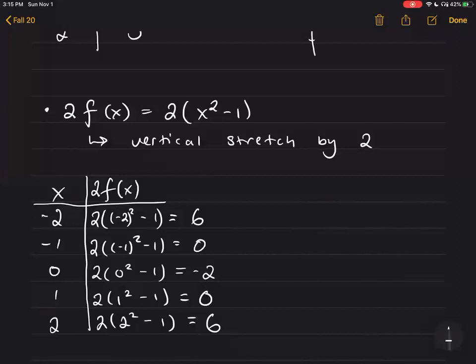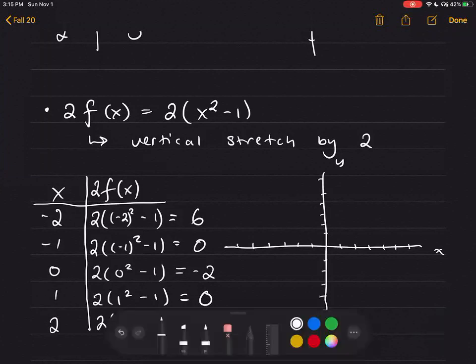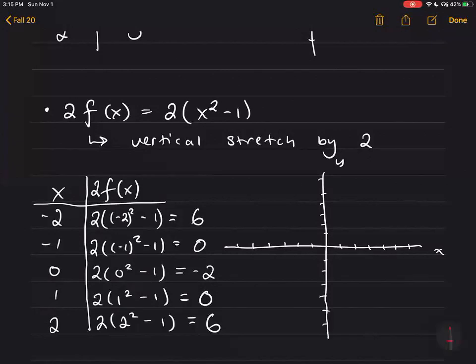So now if we graph this, like so, x here, y here, so plot our points. -2 goes to 6, that's all the way up here. -1 goes to 0 again. 0 goes to -2, then 0, and 6.